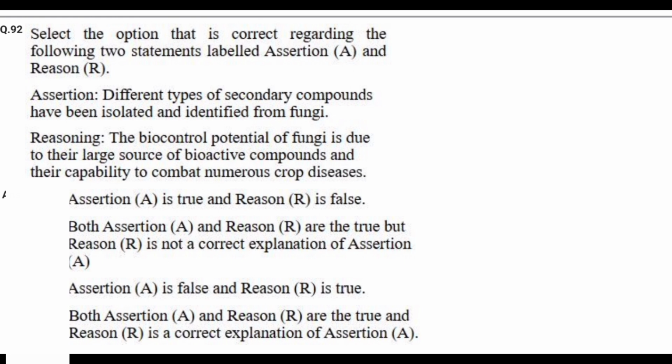Options are: assertion is true and reason is false; assertion and reason are true, but reason is not the correct explanation of assertion; assertion is false and reason is true; both assertion and reason are true, and the reason is the correct explanation of assertion. For this, the correct answer is the fourth one.